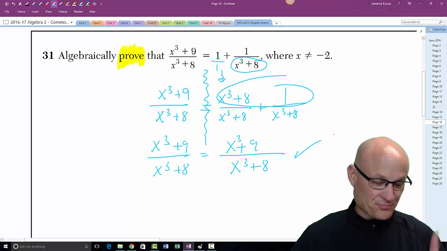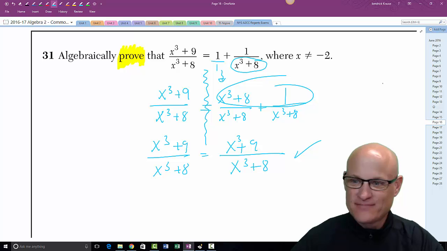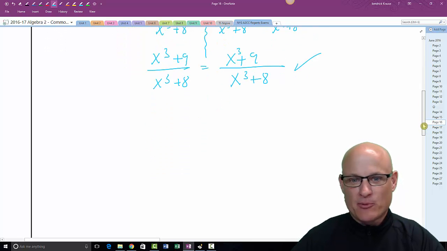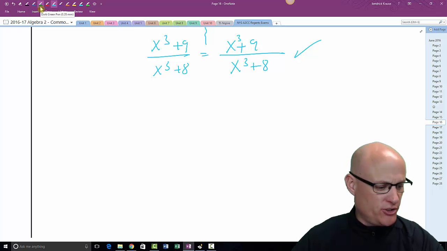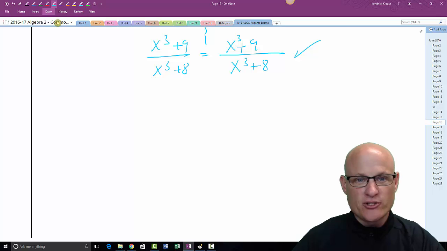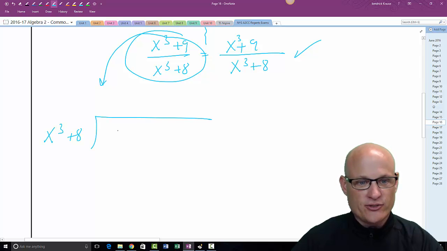That's it. There was one other way of solving this question. Probably not too many people would have thought of it, but there was one other way to prove it. And what you could do is work from the left side and do this division. So you could have done x cubed plus 8 divided into x cubed plus 0x squared plus 0x plus 8.